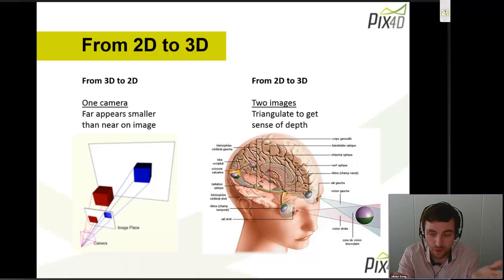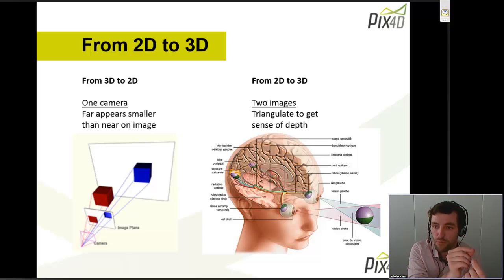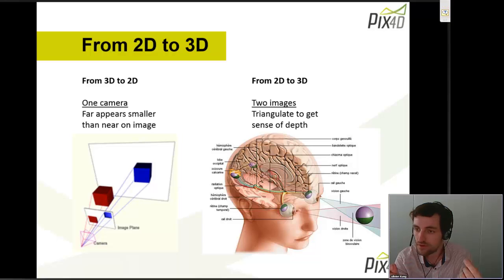Now, this is what is called perspective. The good news is that if you move the camera to a different location, you no longer have the same distance to these objects. The easiest way to understand this is that you have two eyes, like two cameras.